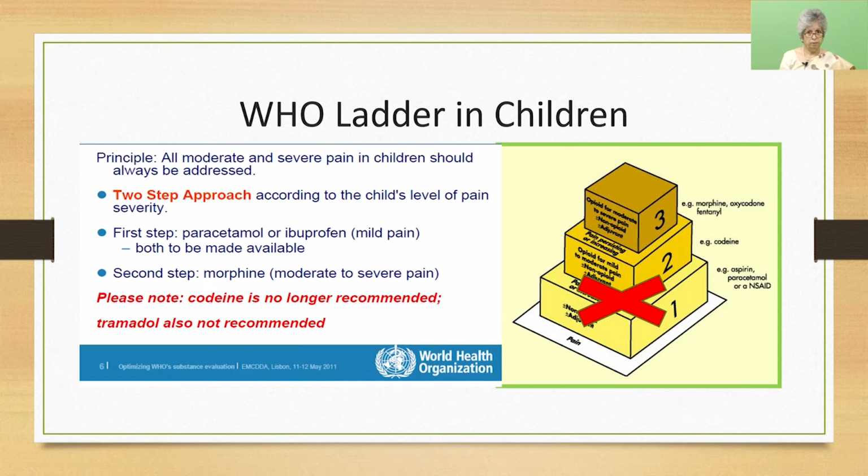In children, as I said earlier, step 2 is omitted, because these step 2 drugs cause too many side effects of nausea and vomiting in children. So, for children it is always step 1 and step 3.